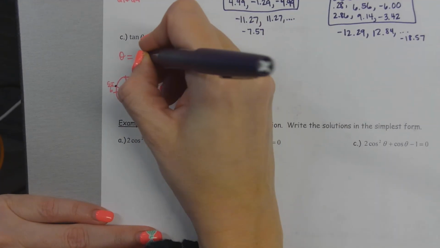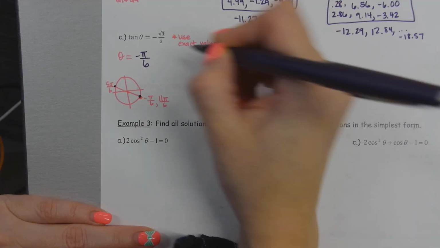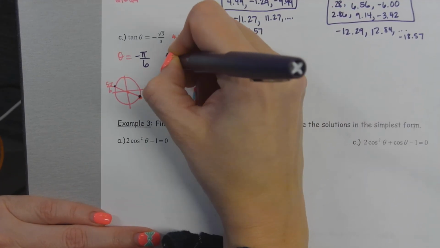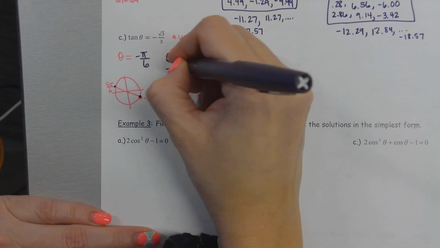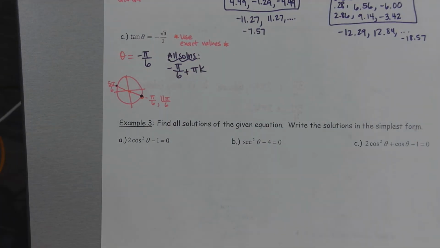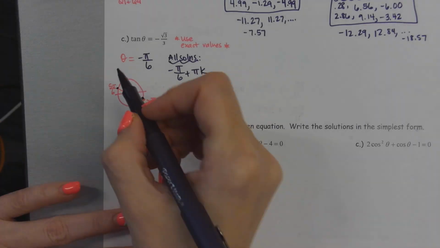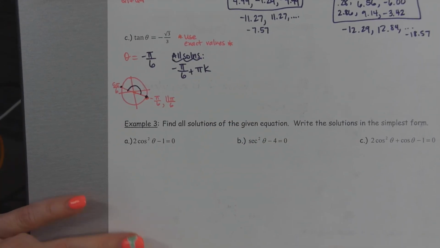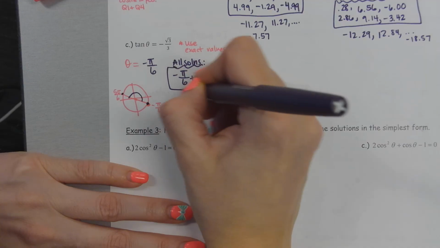So your theta, if you use negative pi over 6, then all solutions is going to be negative pi over 6 plus pi k. You don't have to do 2 equations because they're directly across the circle from each other. Okay, so you only need 1 equation.